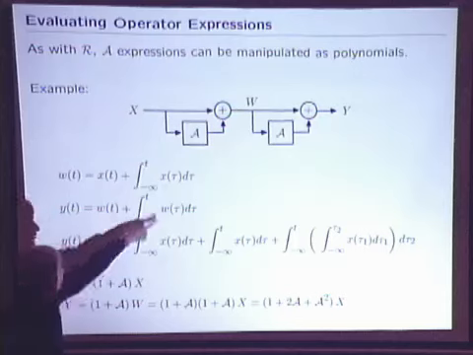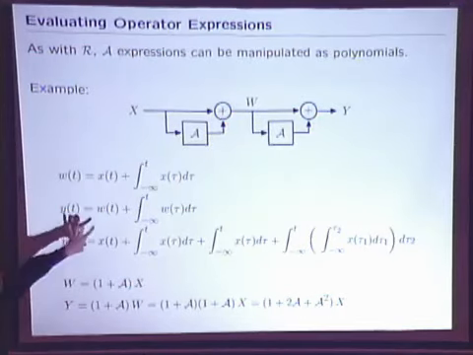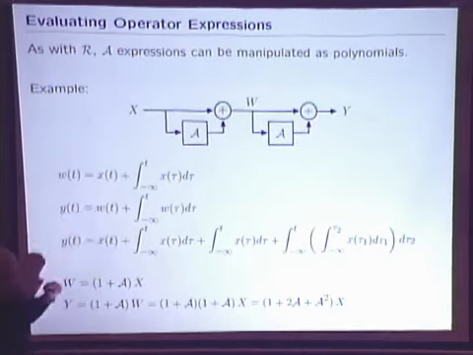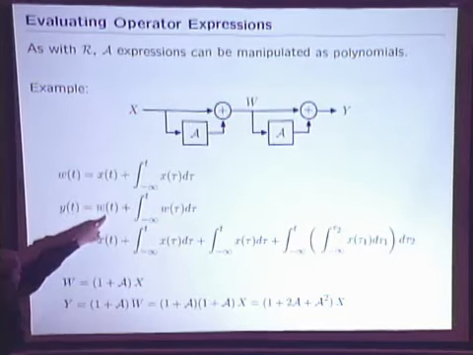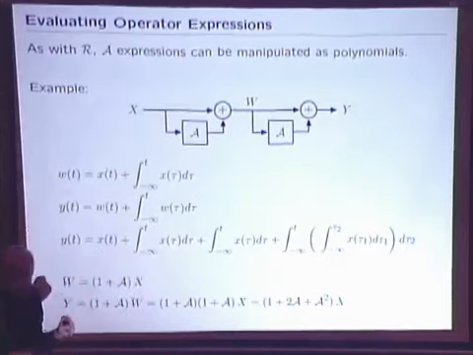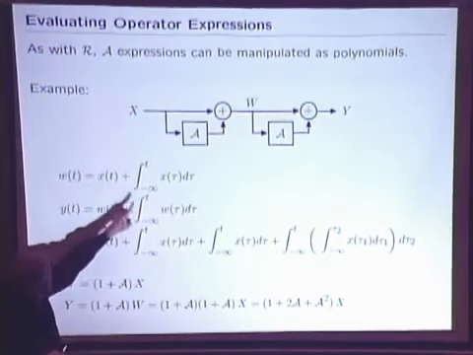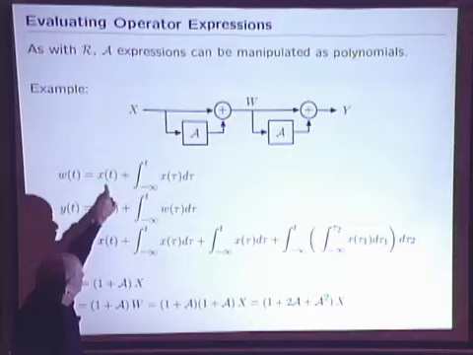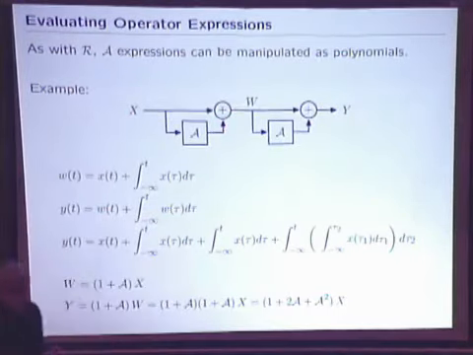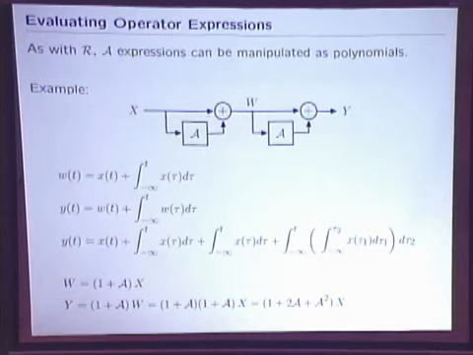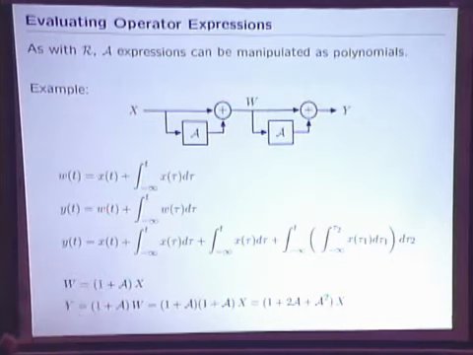Y is W plus the integral of W. And now I can substitute instances of this into here, right? So this W expression could go in there, and that gives me this. If I integrated this W expression once, then I would get the integral of that plus the double integral of that, so that gives me these. And now I think about those things in terms of A's, and I get precisely the same expression.